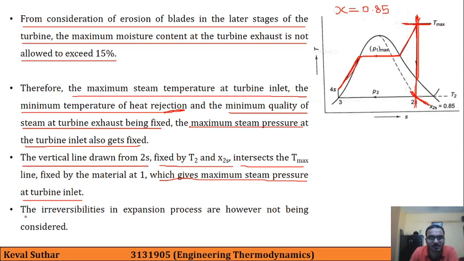Here the irreversibilities in the expansion process are however not being considered, the meaning is that the actual process will be something like this, that we have seen in our previous lecture.